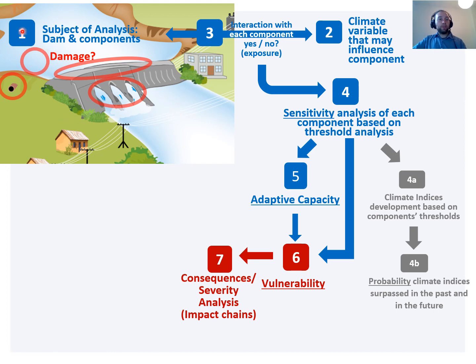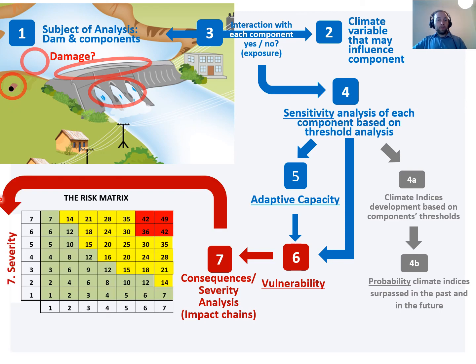So let's say if we have a hazard, there is more water intake, the lake increases, the water pressure on the dam increases as well. There might be a damage and there might be consequences in this area as well. So we may say that vulnerability relates also more or less to severity.